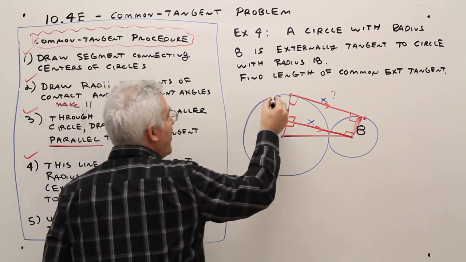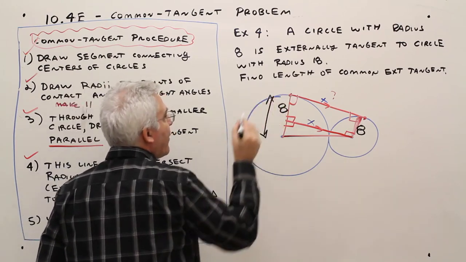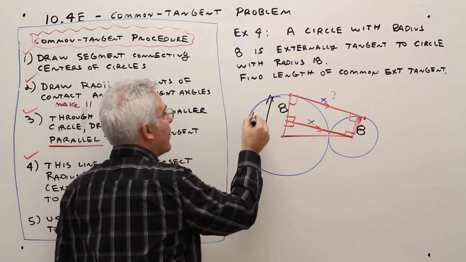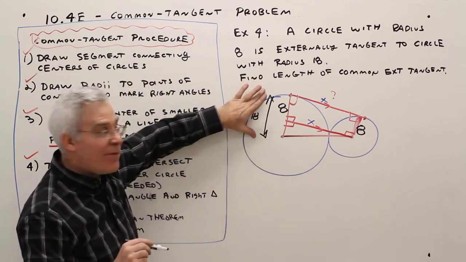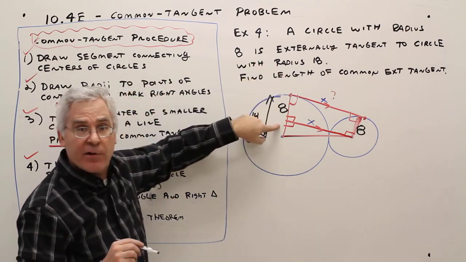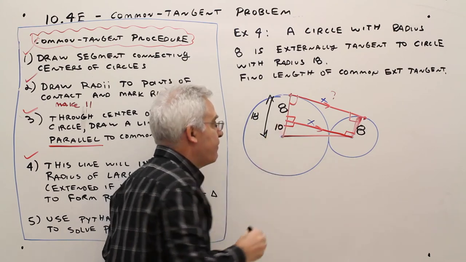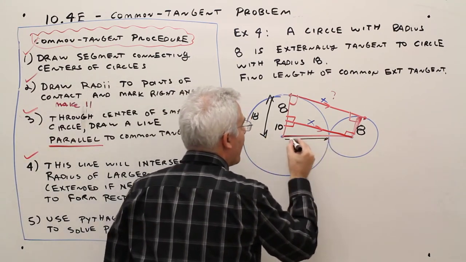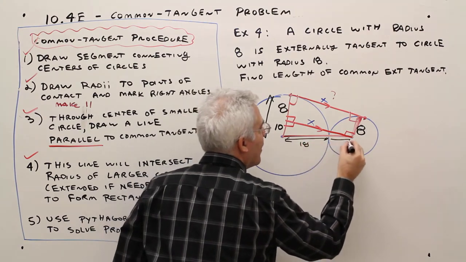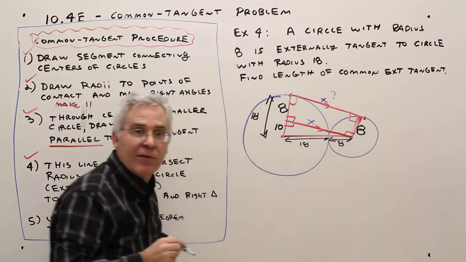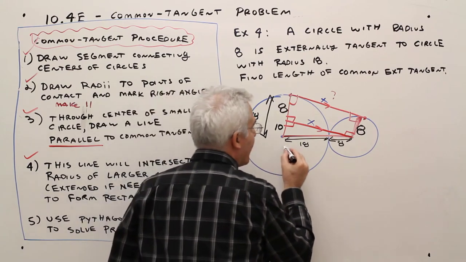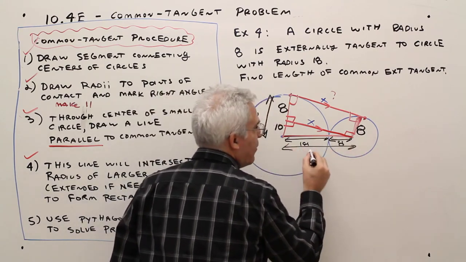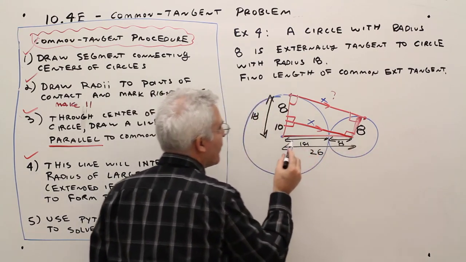Oh, the larger radius was 18. Well, if I'm 18 there and 8 there, that must be 10. Okay. Ooh, this radius here is 18, and that radius there is 8, making this whole dimension 26.